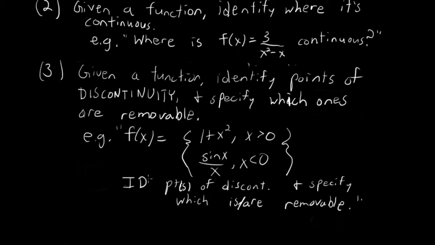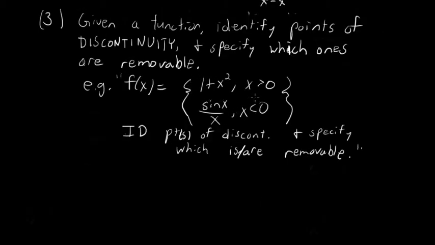Identify the point or points of discontinuity and specify which one is or which ones are removable. So this is a two-part problem. You'll first have to find the point or points of discontinuity, go through each of them and figure out which ones are removable, which ones are non-removable.